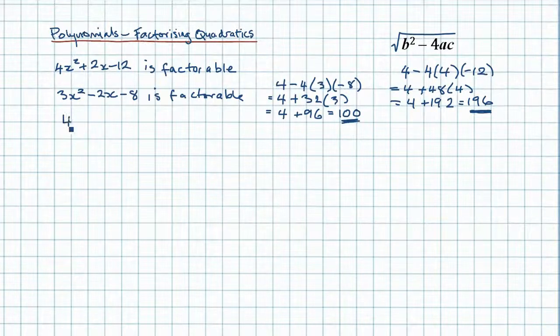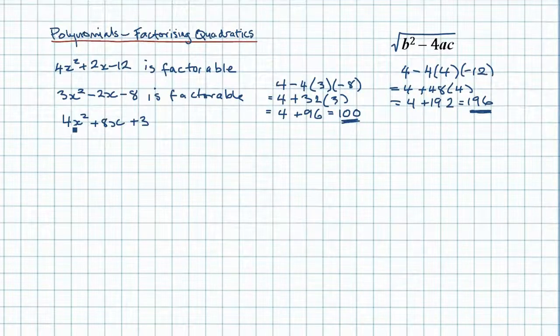Let's try 4x squared plus 8x plus 3. Is that factorable? Well, again, we reach for our discriminant. We can even do this mentally. So we've got b squared is 8 times 8, so that's 64.